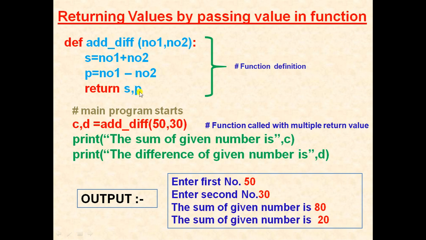Here two values are returned, so we have to take two variables to which the returned values are assigned. That's why I have written c comma d is equal to add diff 50 30, meaning 50 and 30 are assigned to number 1 and number 2, the operation is performed and we get the output like this. That's all for today.